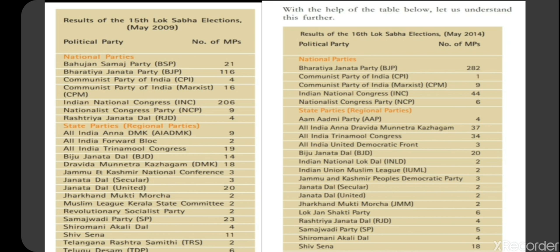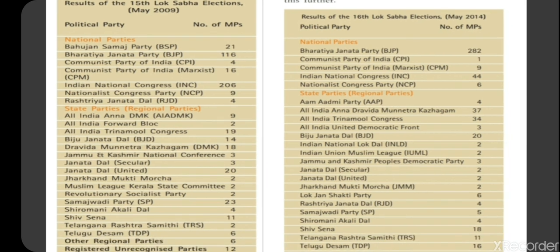So it will take MPs from other parties. For example, they take from Biju Janata Dal 14, All India Trinamool Congress 19, and Dravida Munnetra Kazhagam 18. So they will take the MPs from other political parties to reach the number of 272.